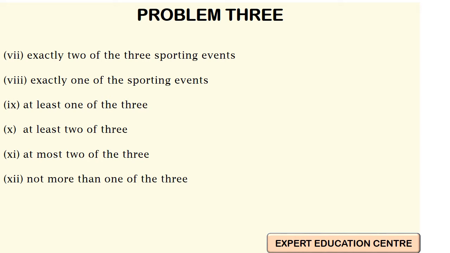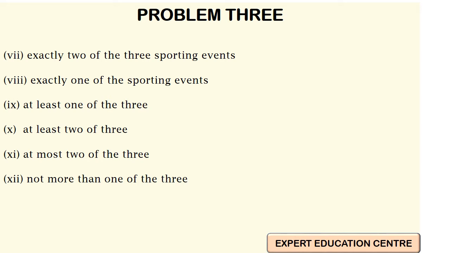Maybe I should take a moment to explain 7. 2 of the 3 sporting events refer to those that watch 2 events only, plus those that watch 3 events only.